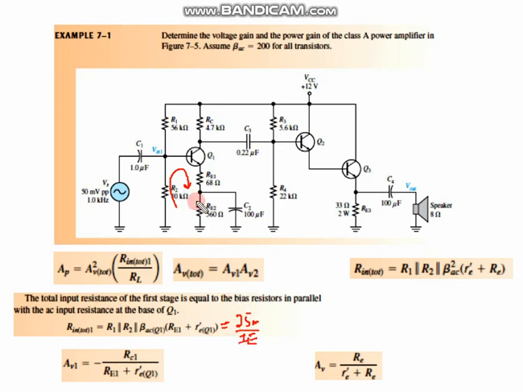I can find it from VE, so I can find VB, which is equal to VBE plus VE. VBE is 0.7, VB is equal to VCC times R2 divided by R1 plus R2, and RE is known, so I can easily find RE now.